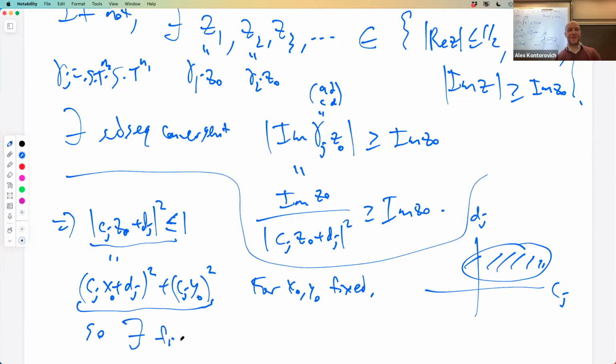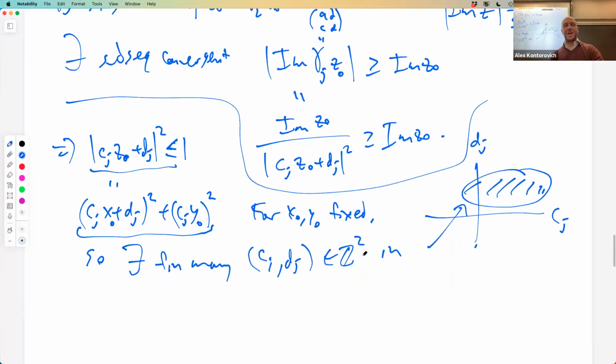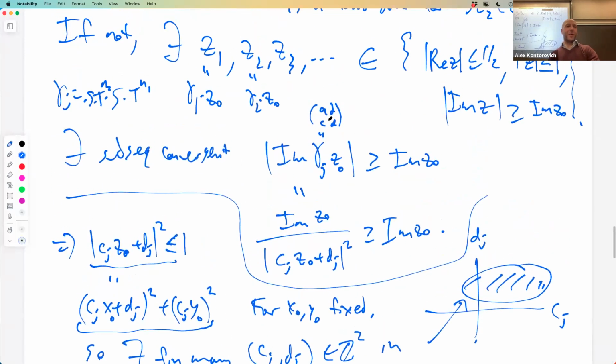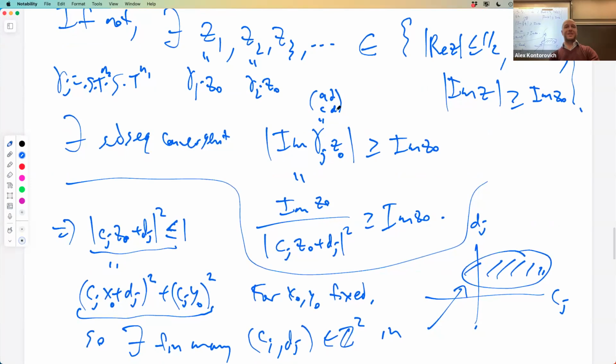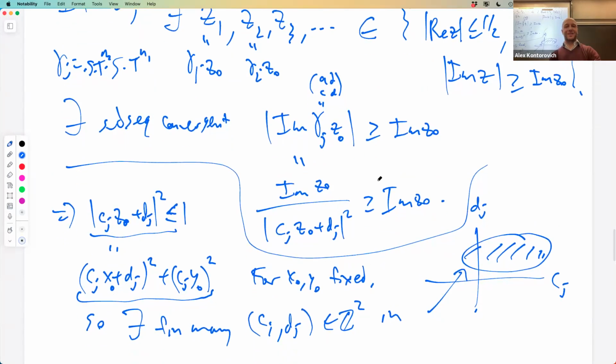So there are finitely many Cj, Dj in Z^2 in this ellipse, satisfying this condition. Okay, well, fine. So the bottom rows can only have finitely many elements, but maybe the top rows can do all kinds of crazy things.